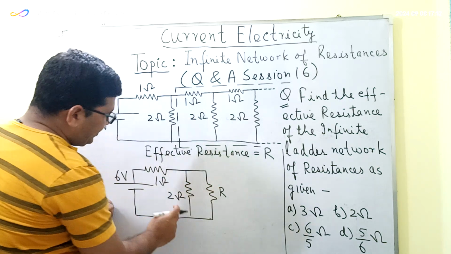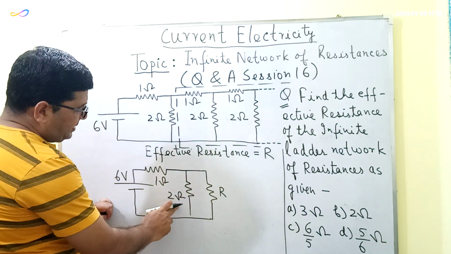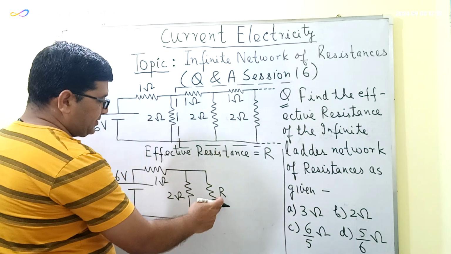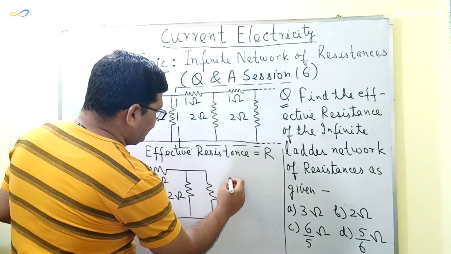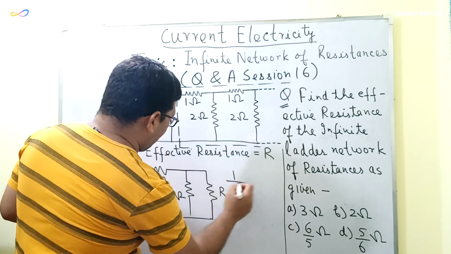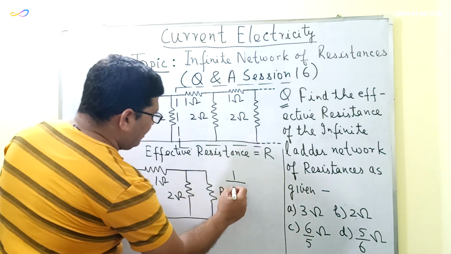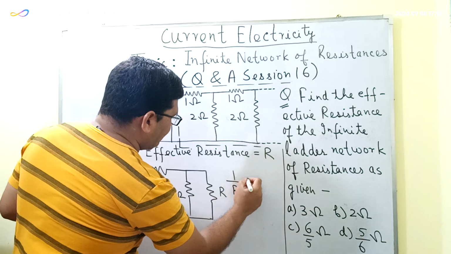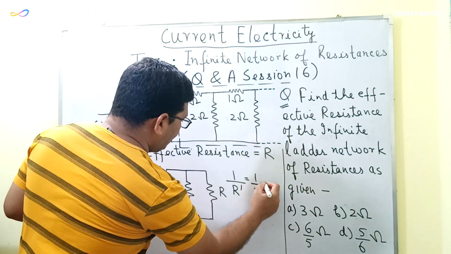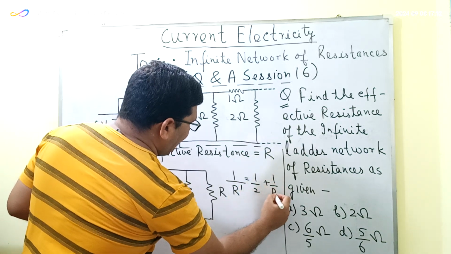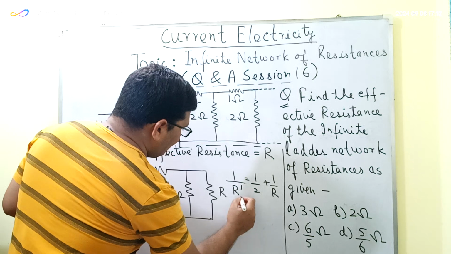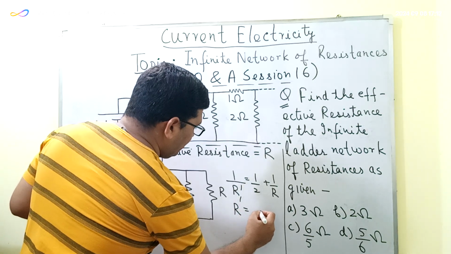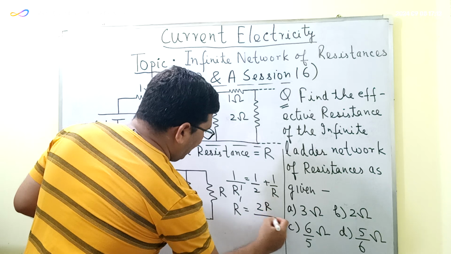Let us say their equivalent resistance is R dash. So R dash will be equal to 1 by 2 plus 1 by R, or simply we can say that R dash will be equal to 2R divided by R plus 2.